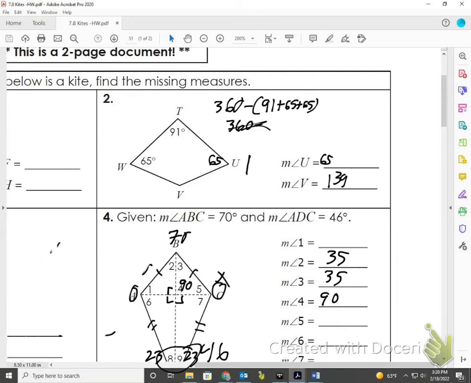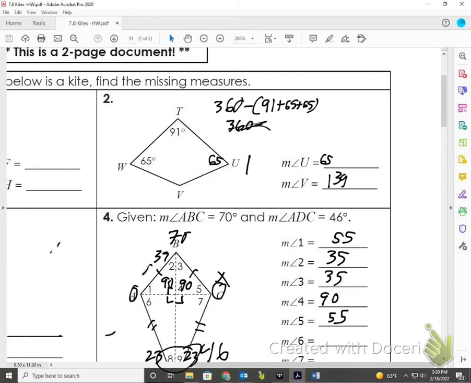They have angle, side congruency, well, they are symmetrical as well. So if this is 35 and this is 90, 90 and 35 is 125. 180 minus 125 would be 55. So that's going to be 1 and 5.